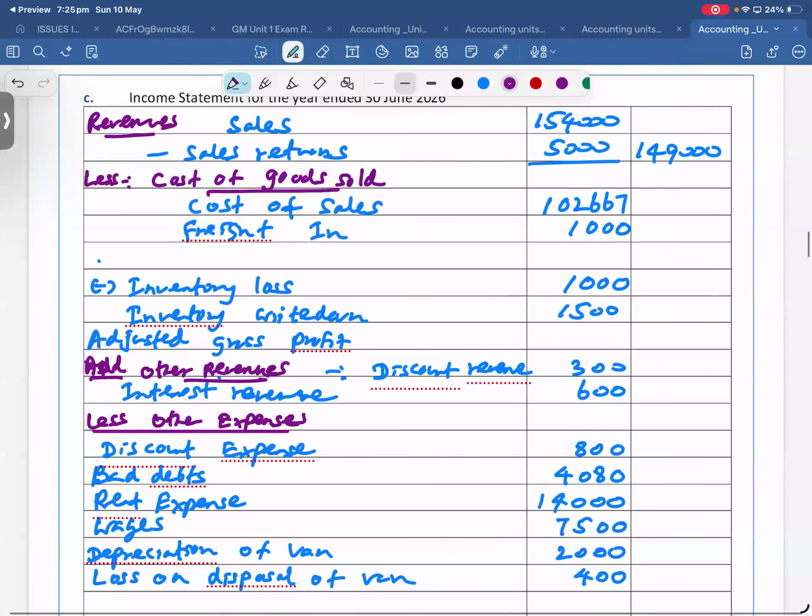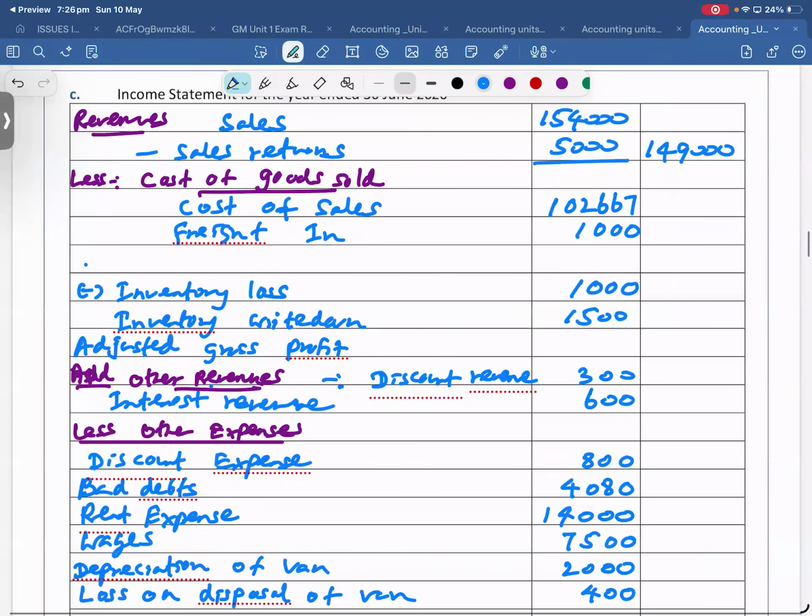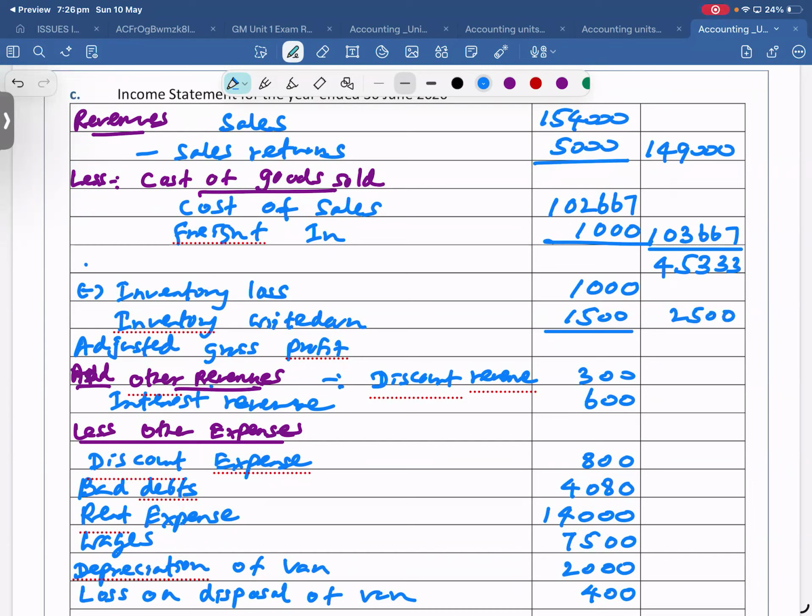So let's finish it off with the income statement. The entity gross loss. Yeah, it can be.